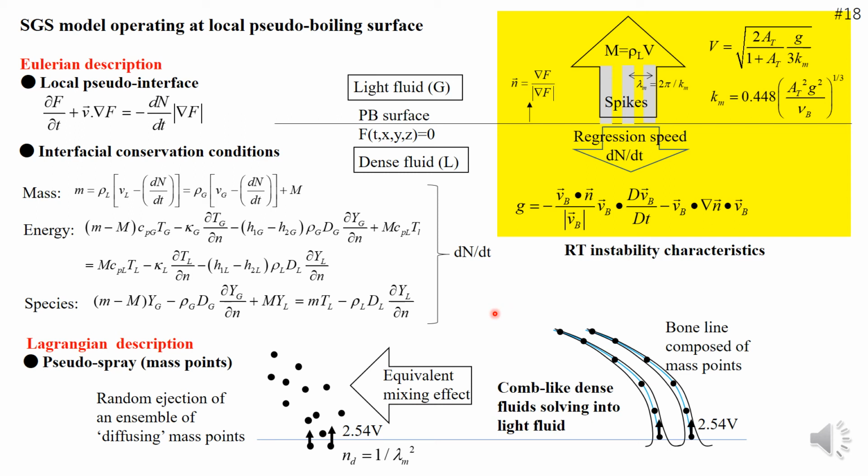The Sds model operating at the pseudo-boiling surface can be integrated into two-phase flow LES by replacing our previously developed turbulent atomization Sds model operating at the liquid surface. The local interface is governed by this, and interfacial conservation conditions are shown here.